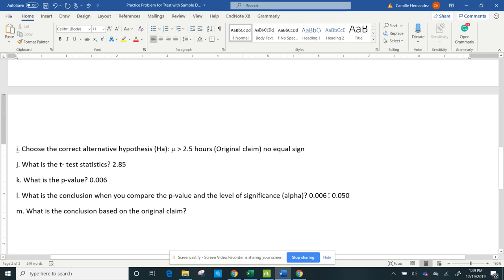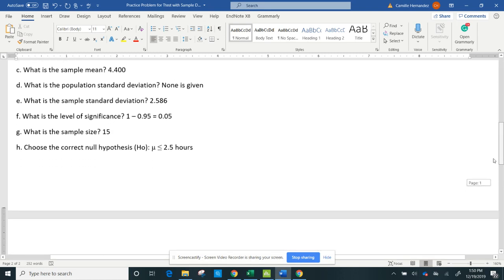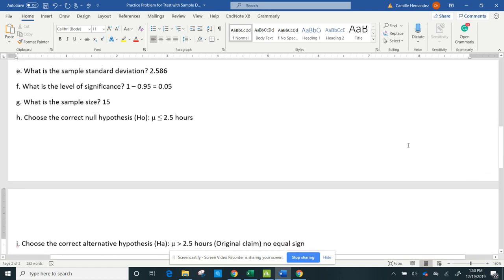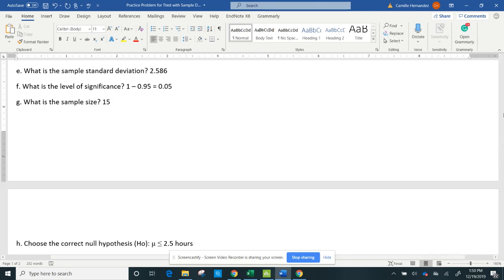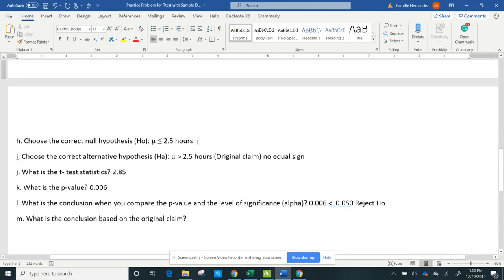So I do know that 6 is less than 50. So because of that, if P is less than or equal to the level of significance, you reject your null. Okay, so what does that mean? That means I'm going to go here to the null, and I hate that it's on 2 different screens. Let me do this. Let's make our lives easier. So this is false.